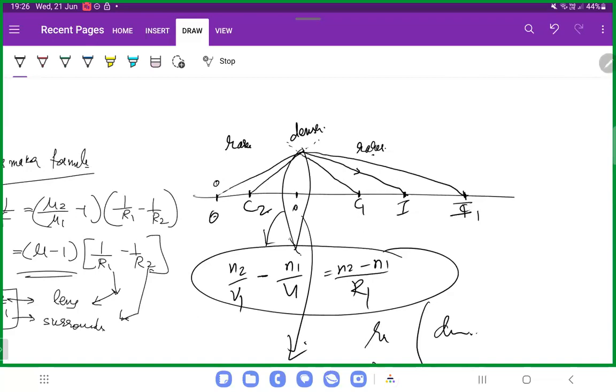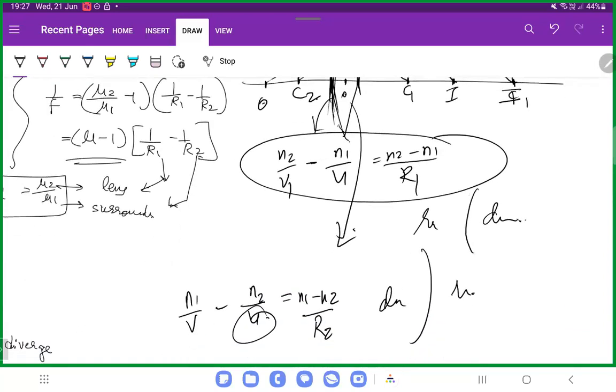This is the object here. It is giving some image on this side of the lens. Because of this one, we are getting some image somewhere. We don't know where. Now that image is the object for the next part.